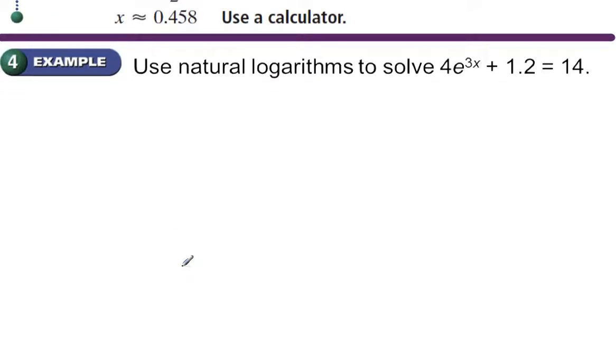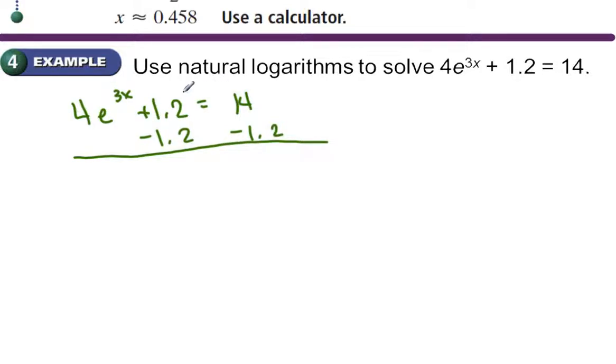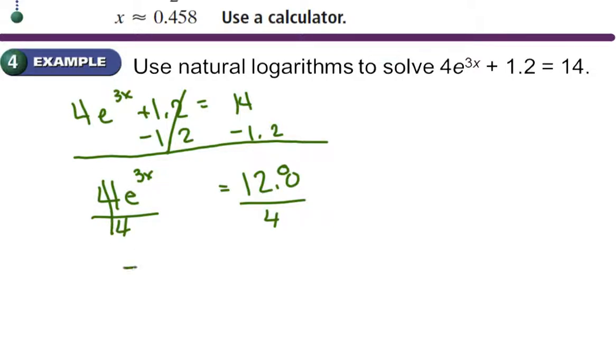Over here, we have 4e to the 3x plus 1.2 equals 14. So we want to subtract 1.2 from both sides. We have 4e to the 3x is equal to 12.8. Now we need to divide both sides by 4, and we have e to the 3x equals 3.2.